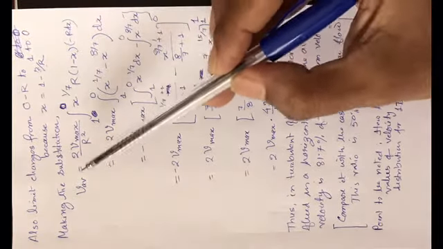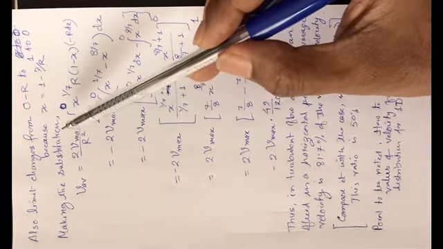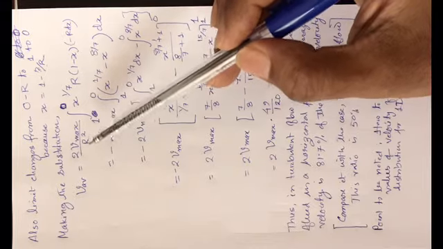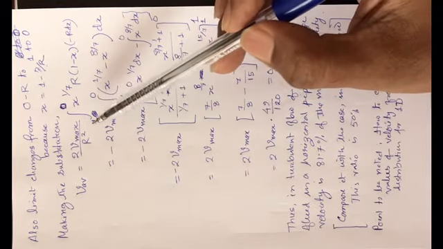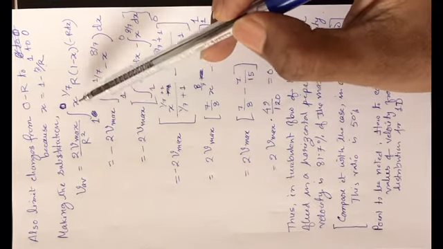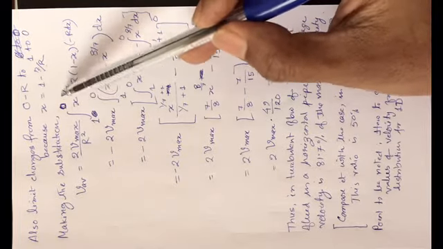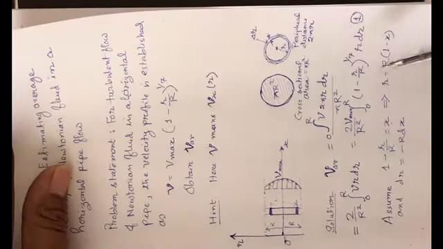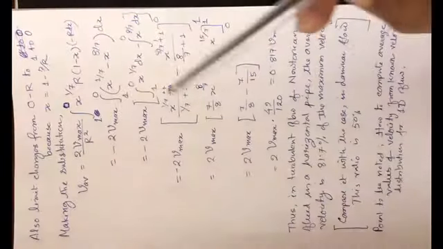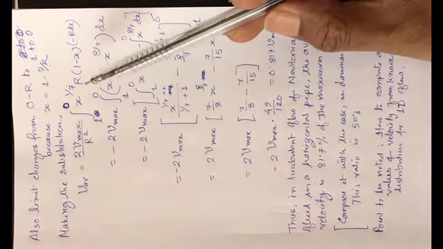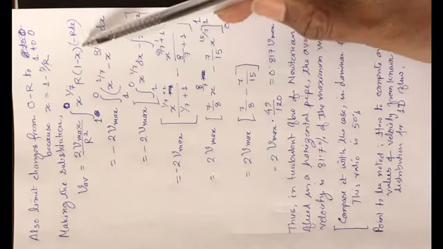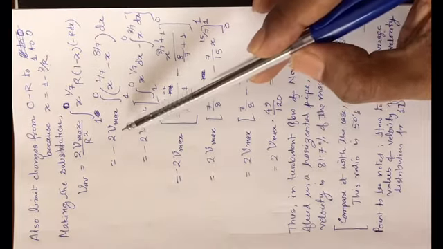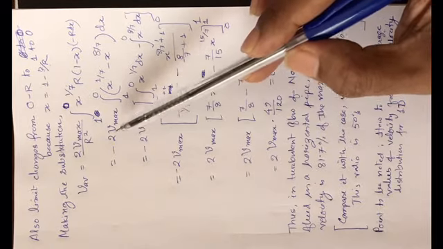With this substitution of the changed variable, V average is equal to 2 Vmax by R square multiplied by this integration from 1 to 0. You can see x to the power 1 by 7, where it is coming from, then this is the expression for small r, and this is the expression for dr. This is quite simple manipulation and simplification.